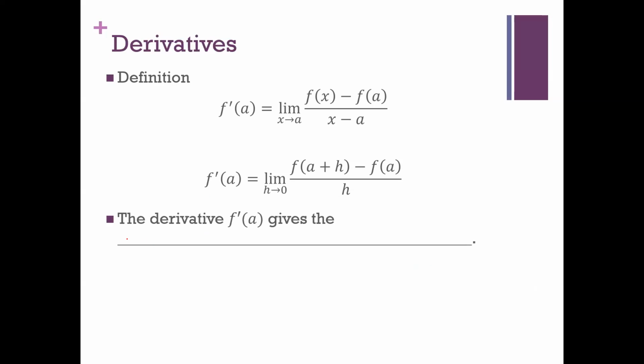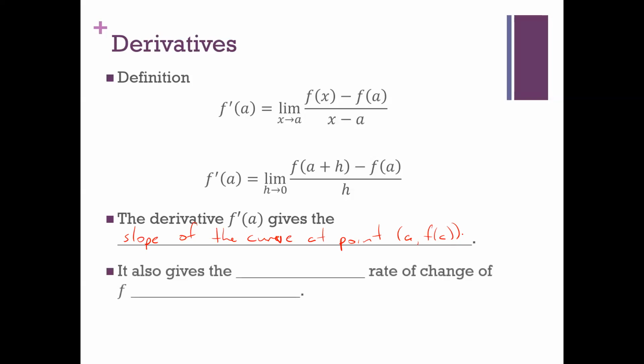So this derivative f prime of A gives the slope of the curve at the point A, f of A. And here's another word you'll see a lot if you haven't already been seeing it.